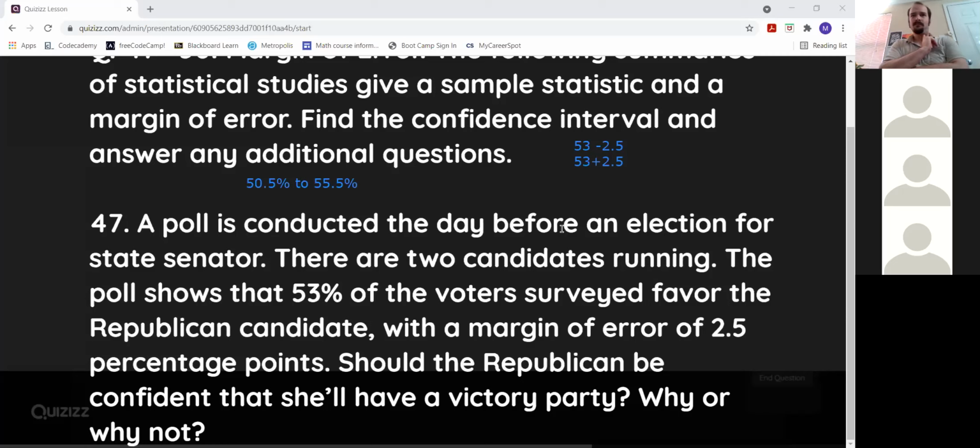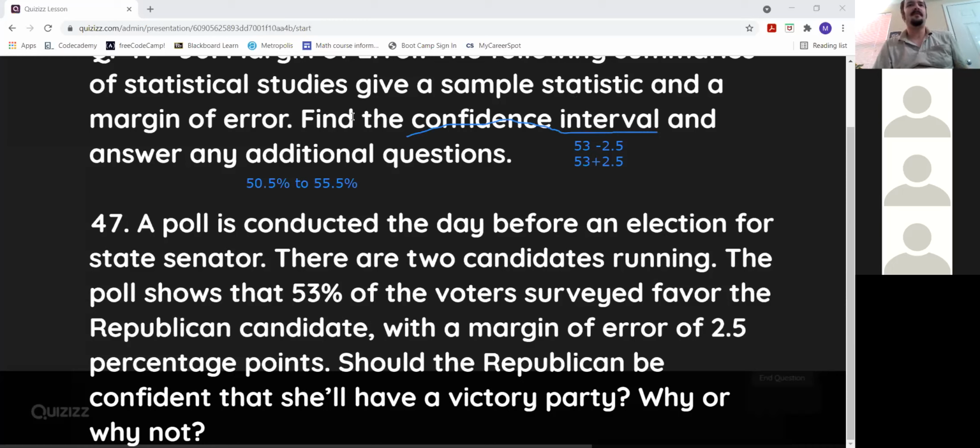I guess I don't really understand how to use those numbers. This is kind of the weird thing, because usually when they talk about a confidence interval, they will give you another percentage.